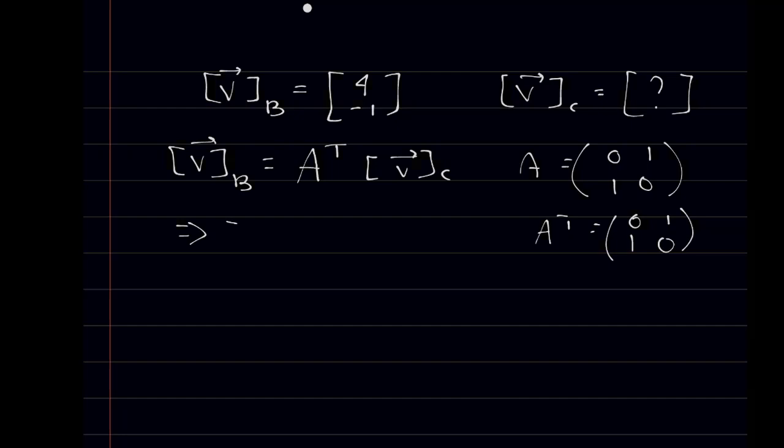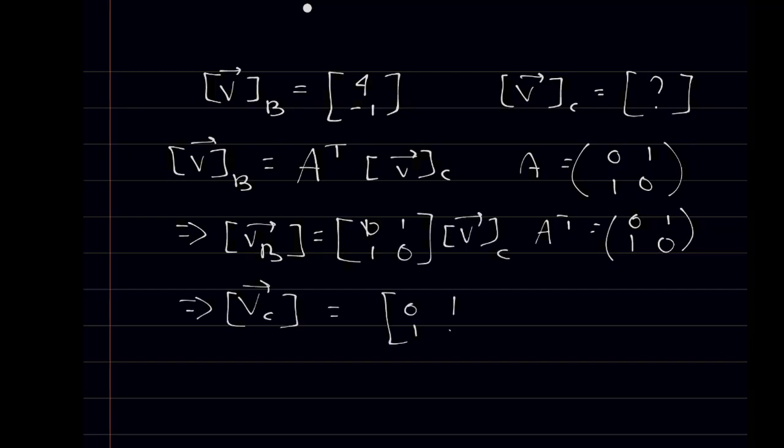So V_B is equal to [0, 1; 1, 0] times V_C. But you need to find V_C, right? So what will you do? V_C, the coordinates in C, turns out to be the inverse of the matrix multiplied with V_B. Okay, if I'm correct, and please correct me, what is going to be the inverse of this matrix?